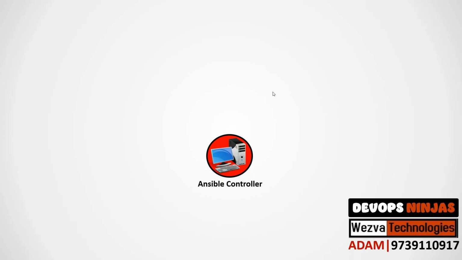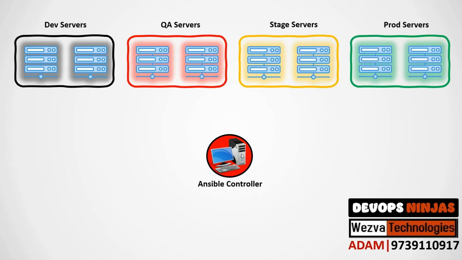But you need to be clear when you're calling your Ansible controller and executing the Ansible playbooks for each environment or for each machine, like for your dev or QA or your staging and production, do not use the same user account. So when you're setting up your Ansible, we need to make sure we have different Linux user accounts.